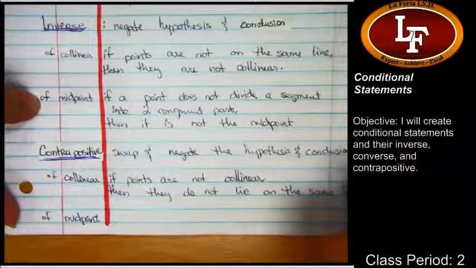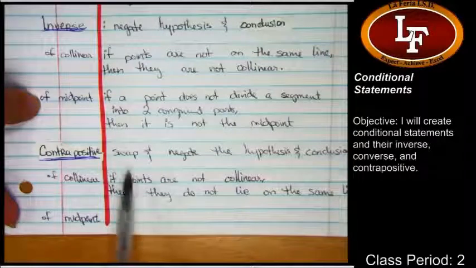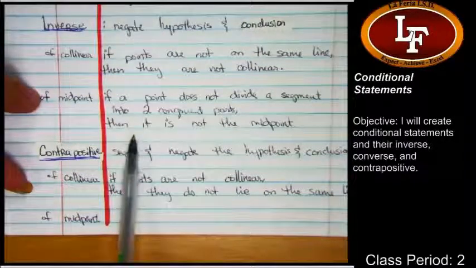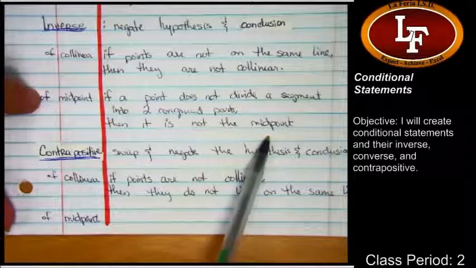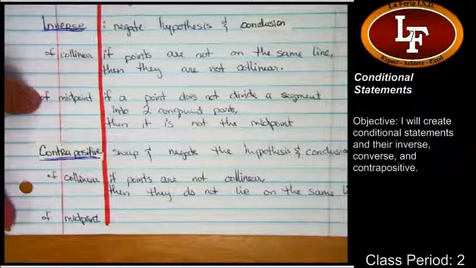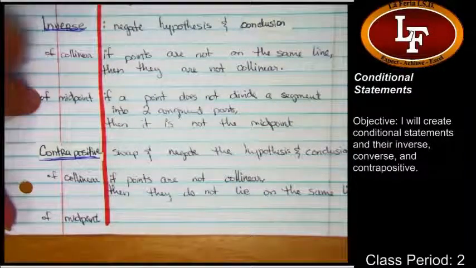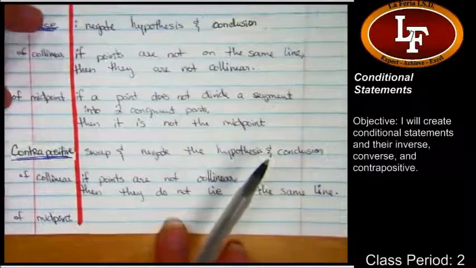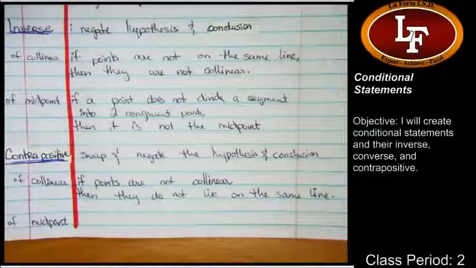If the point... What's the difference between lie and line? ...then it is not the midpoint. Okay, so if what is not the midpoint? If a point is not the midpoint, then what? Then it does not divide the segment into two. Gorgeous. You guys are experts in this.